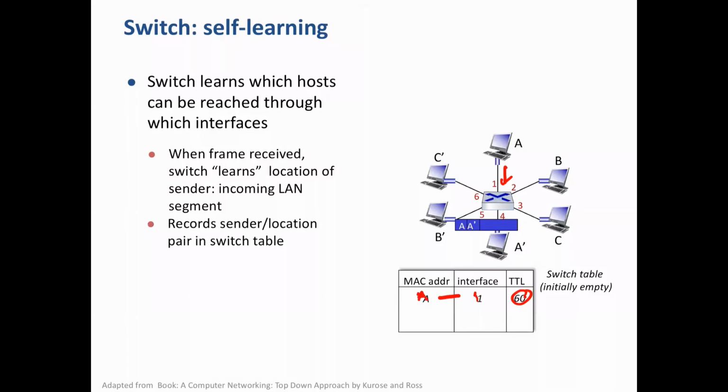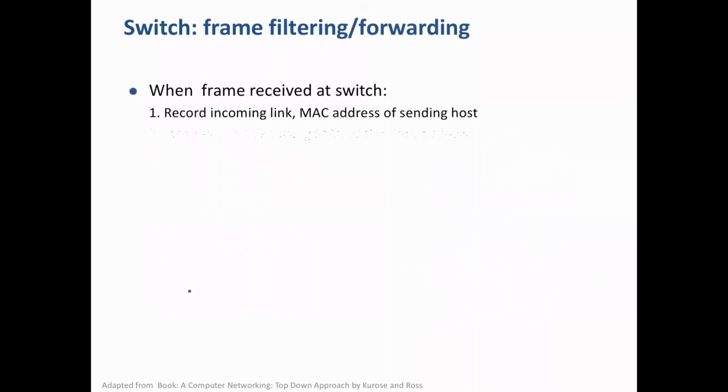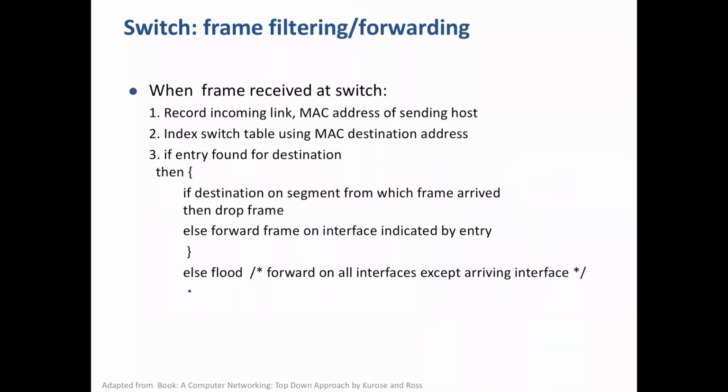Now this switch doesn't know where A dash is in the beginning, right? When everything is starting up, it doesn't know. What will it do? If it knew that A dash is connected at port 4, it would send the frame there, but it doesn't know, right? So what it will do is broadcast it to all.